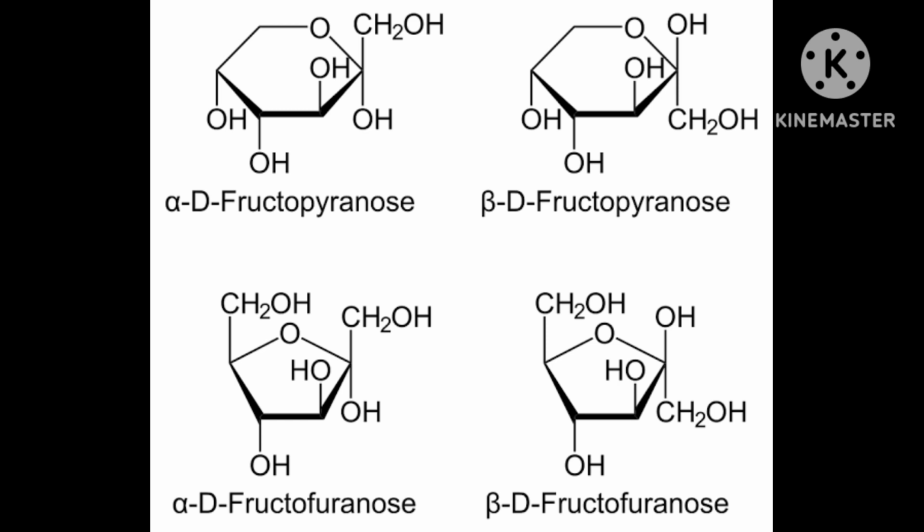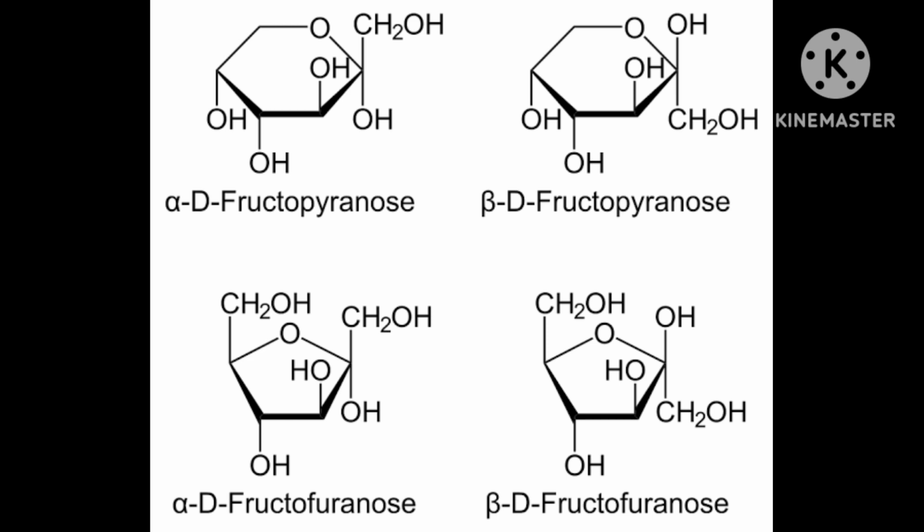CH2OH is up at carbon number 2 and OH is down. At the next carbon, carbon number 3, OH is upside, H is down. Carbon number 4, H is up, OH is down. Here again you will find opposite, at carbon 3 and carbon 4.